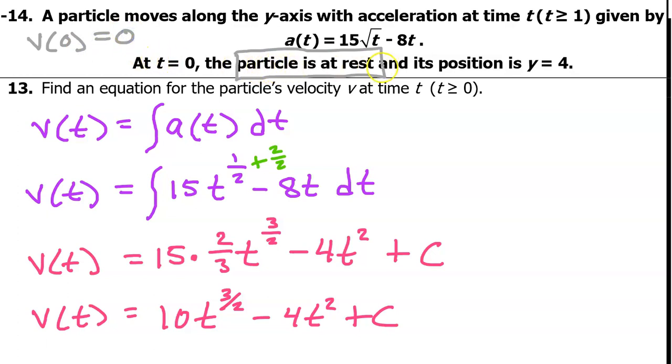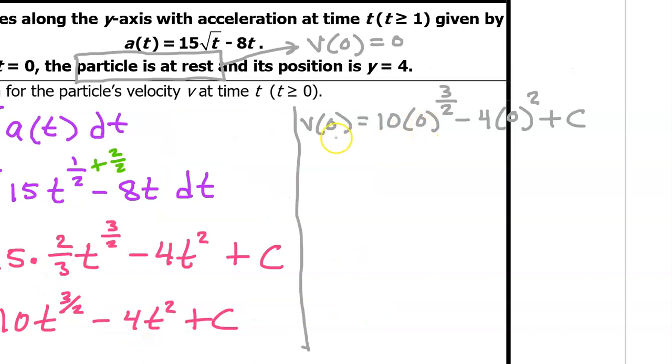If the particle is at rest, that means that the velocity is equal to 0. So let's substitute 0 in for all of these t's and see what we get.